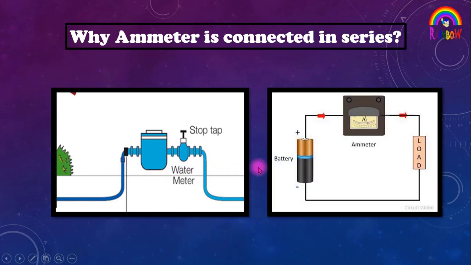In the same manner, when ammeter is connected in series, the same current that is there in the circuit flows through it and gets measured. That's why ammeter is always connected in series.